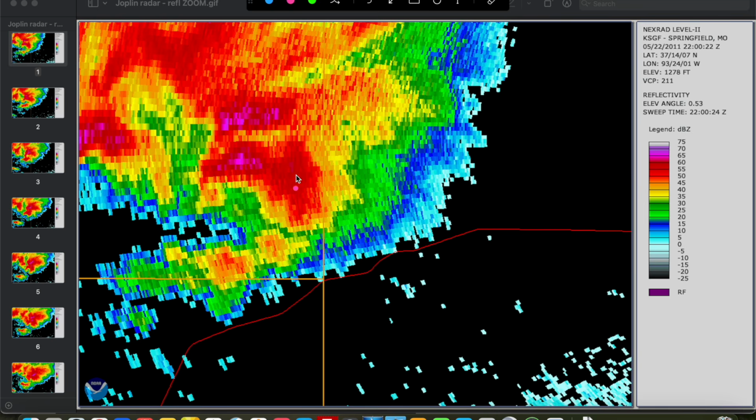You can see that the main secondary storm here, we called this Storm B, started to develop its own mesocyclone here to the south of the ongoing supercell cluster, which Storm A had merged into.